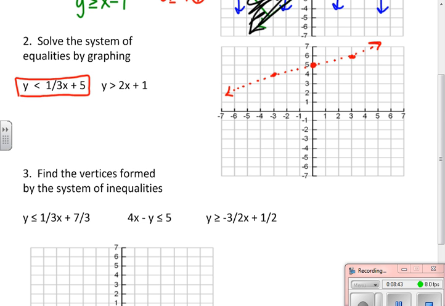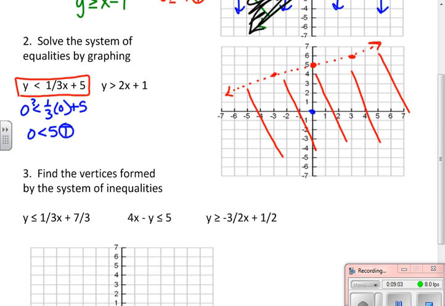If I test with 0, 0, is 0 less than 1/3 times 0 plus 5? Is 0 less than 5? That's true. That's my test point. So I'm going to shade everything that includes my test point.